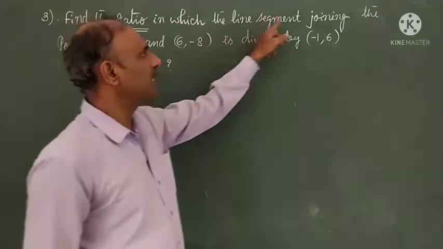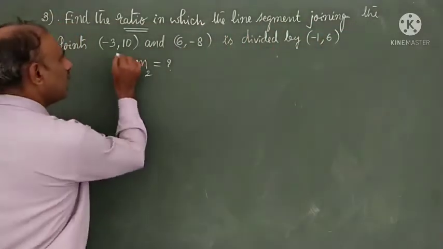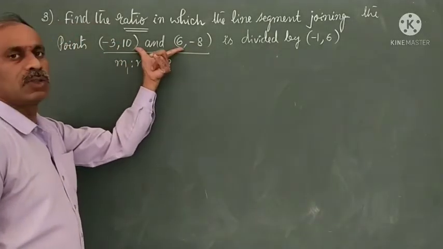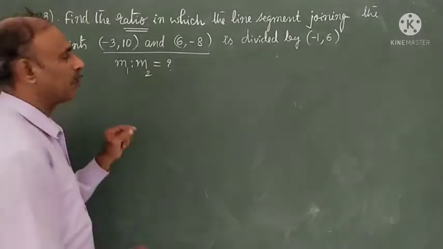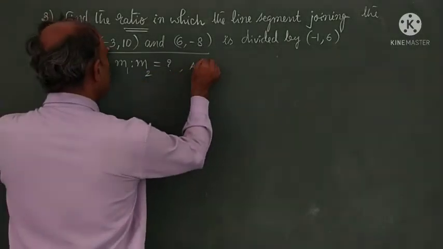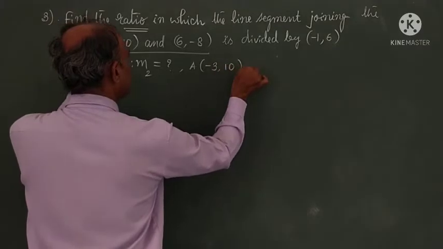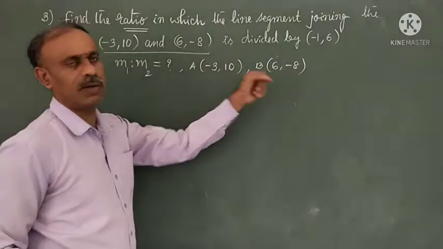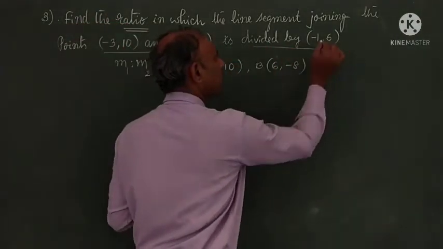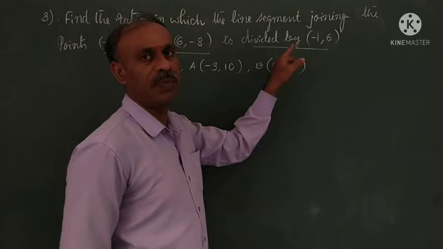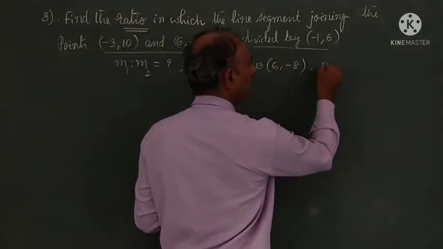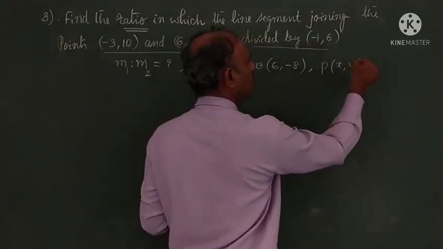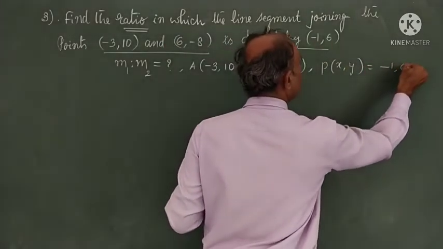The question says the line segment joining the points. These two points are the end points of the line segment: A is (-3, 10) and B is (6, -8). The point of division, which we represent as P(x, y), is (-1, 6).